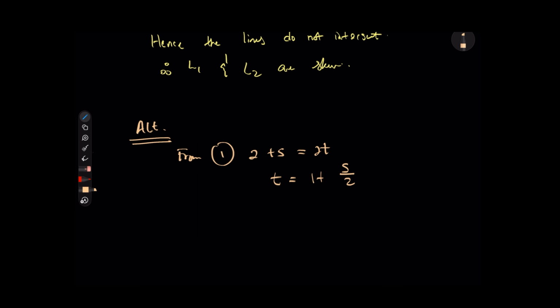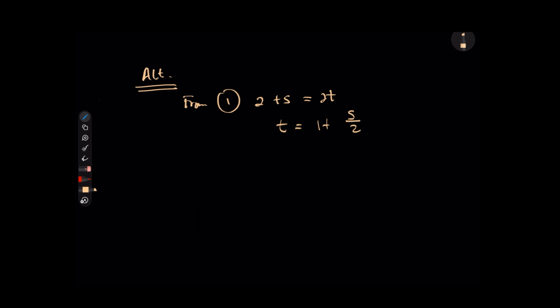So instead of using equation 2 like I did, maybe you wanted to use equation 3, which is fine. From equation 3, we would have gotten 3 minus s is equal to negative 2 plus t. So I'll have that 3 plus 2, that's 5, minus s is equal to t.